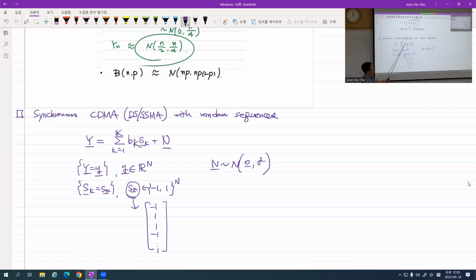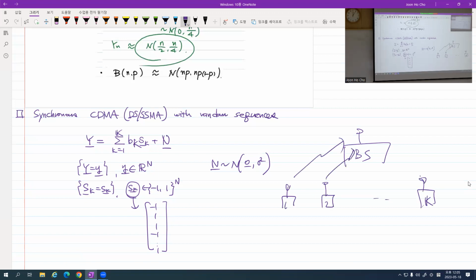There are k bits, and you may say that each bit is from a different user. So here is your base station, for example, and the first user, second user, kth user, transmitting a signal that is sampled and collected as a vector of length n.